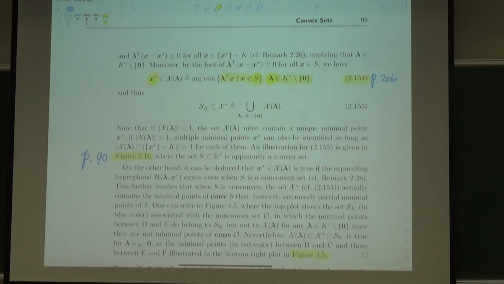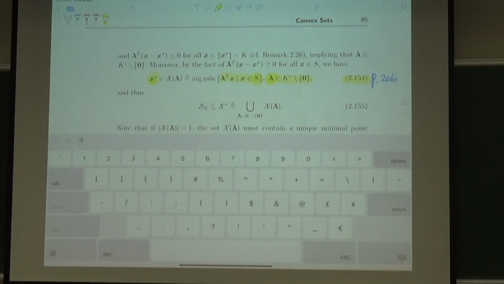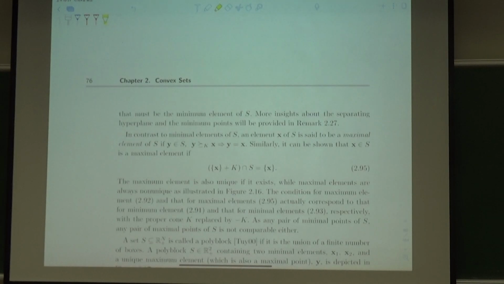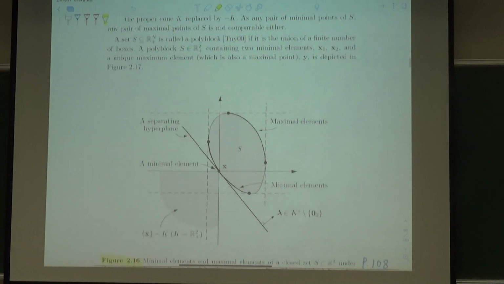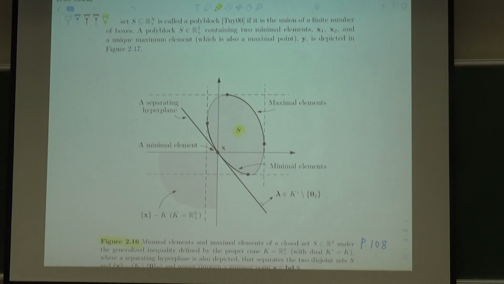Okay, when S is a convex set, remember there is a figure, page 90, in chapter 2. This is S, now it's O. Then this is the minimal points, minus K is here.